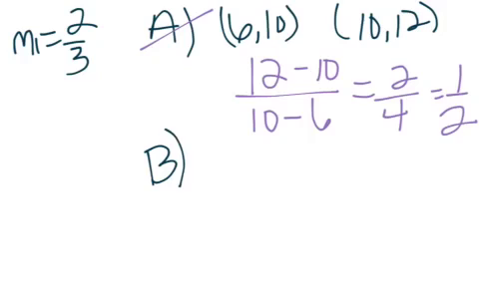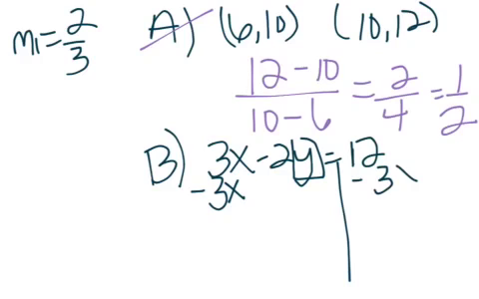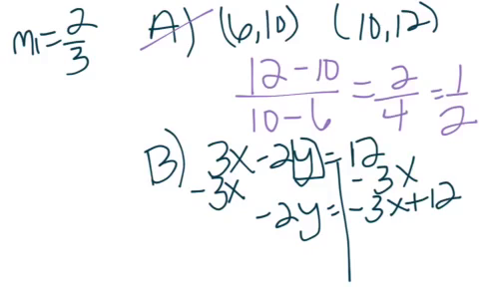Letter B says 3x minus 2y equals 12. How do I find the slope from here? I need to put it in slope-intercept form. So that means I need to get y by itself. So I'm going to subtract 3x on both sides. So negative 2y equals negative 3x plus 12.